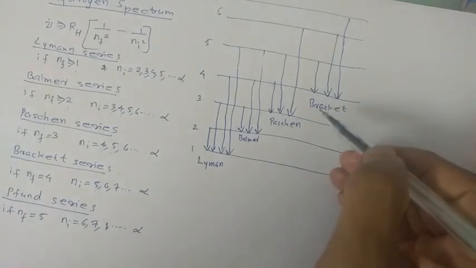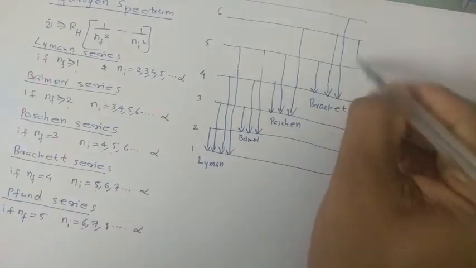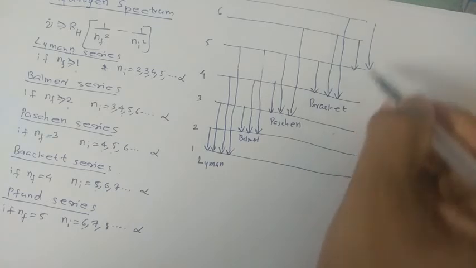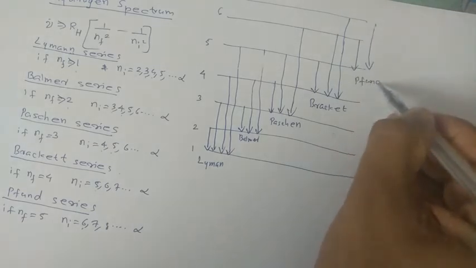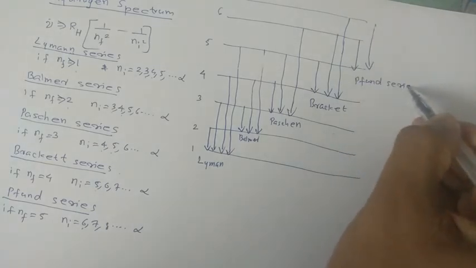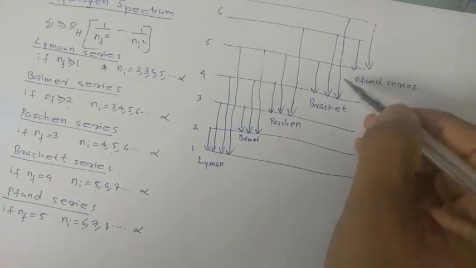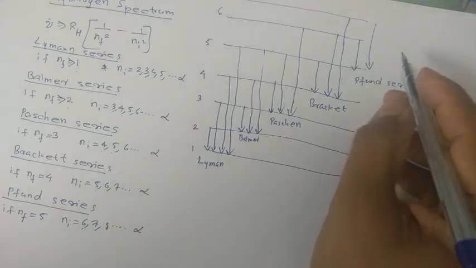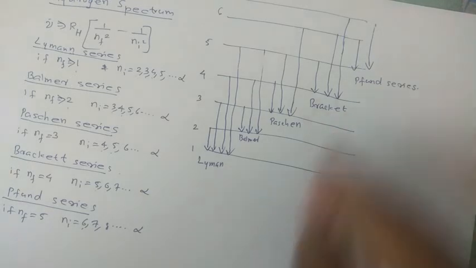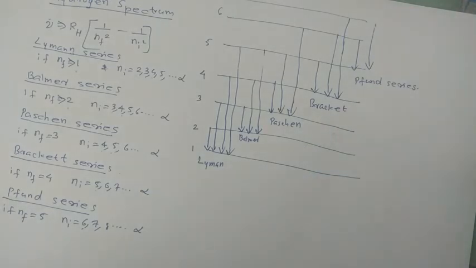Then Pfund series: 6 to 5, 7 to 5. This is the expression for the hydrogen spectrum. Okay, thank you very much.